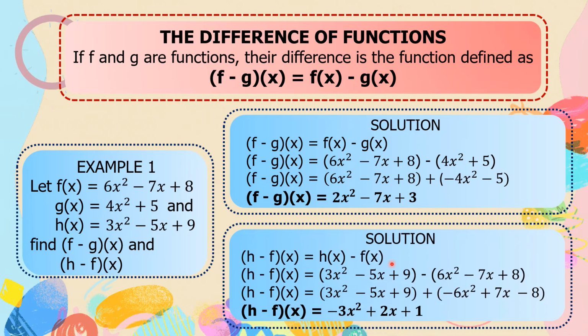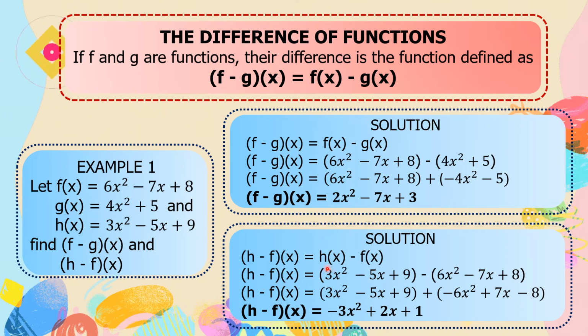So, let's have naman yung h minus f of x. So, yung ating formula ay h minus f of x is equal to h of x minus f of x. So, again, copy h minus f of x.